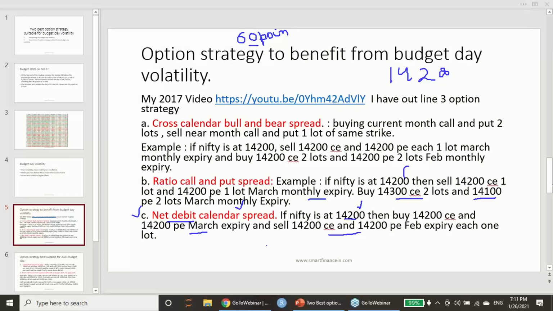Whenever we form the net debit calendar spread, we need to look at theta, because you are buying the March month and selling the February month. March will have a higher theta and time value decay, and February will have a lower theta.